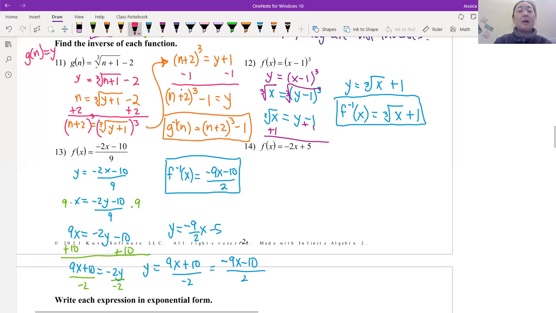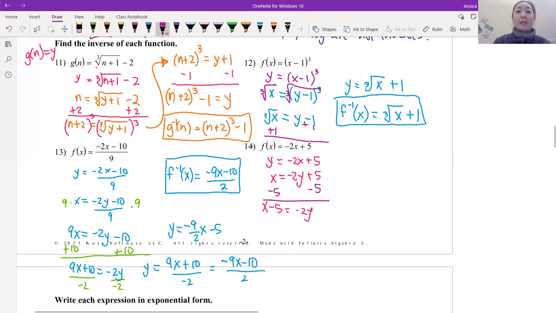All right. And the last one of this section is y is equal to negative 2x plus 5. Switch them. x is equal to negative 2y plus 5. And then we're going to subtract 5. And we have left x minus 5 is equal to negative 2y.